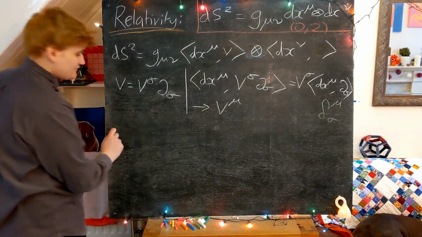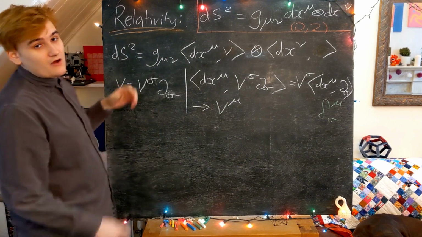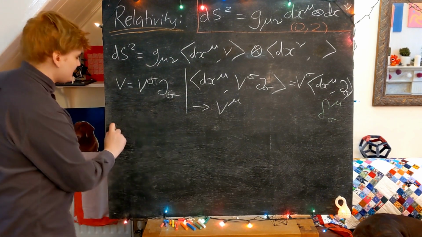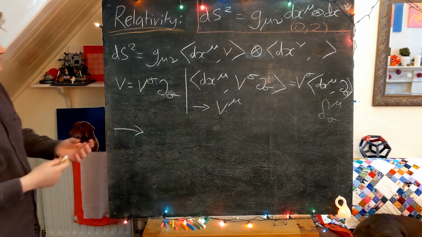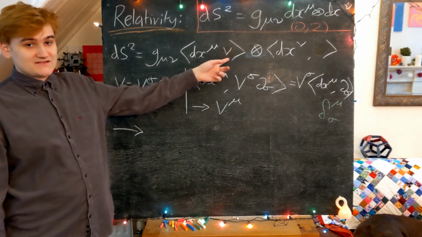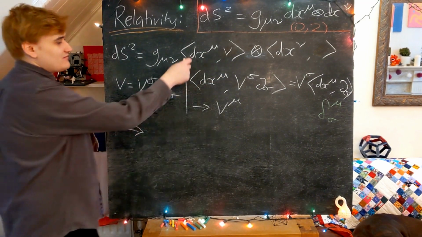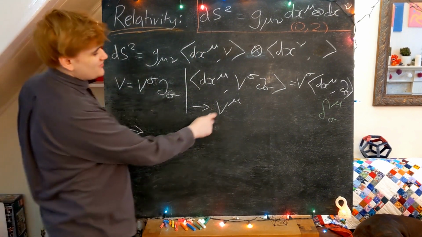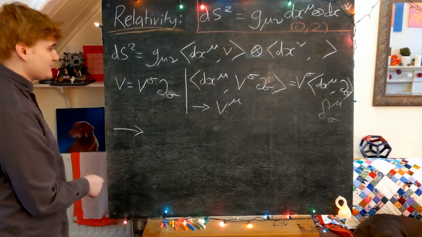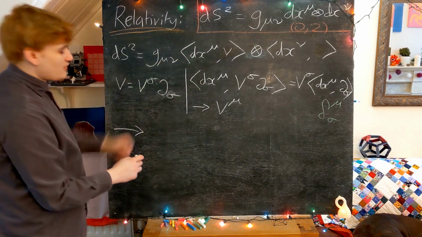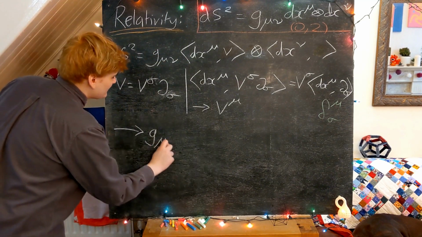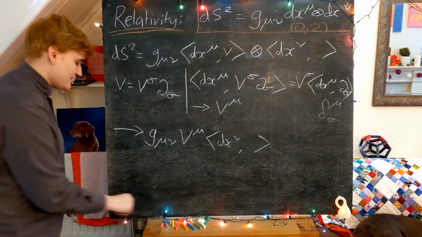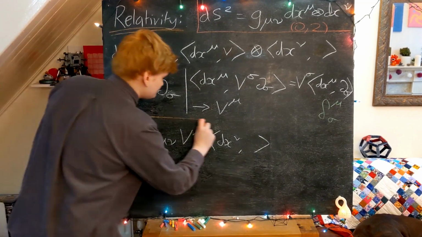Now let's write the whole expression in full. After we've put one vector into this slot, that single bracket extracts the components of the vector, like so. And so this whole expression leaves us with an object that looks like this.